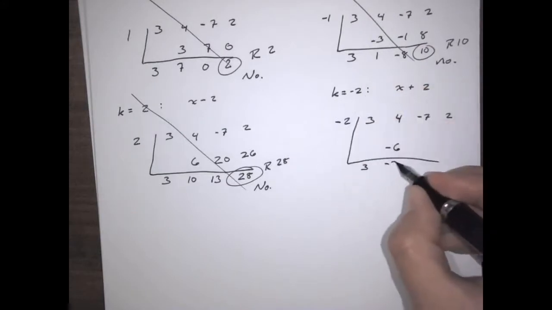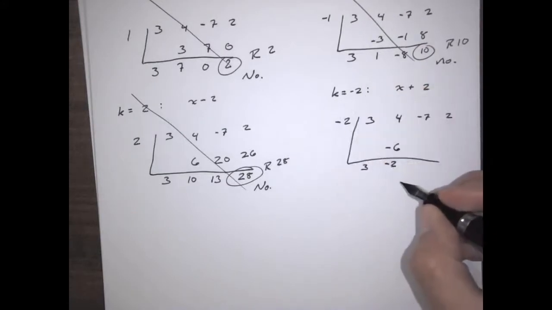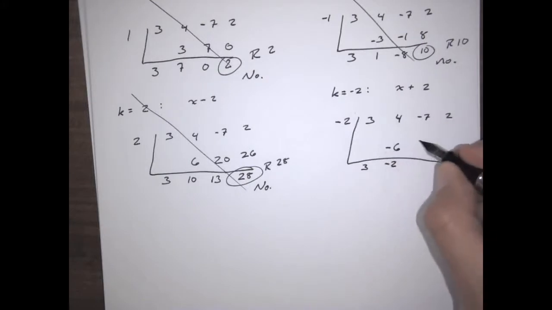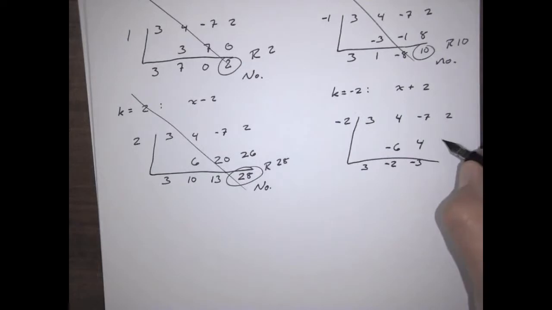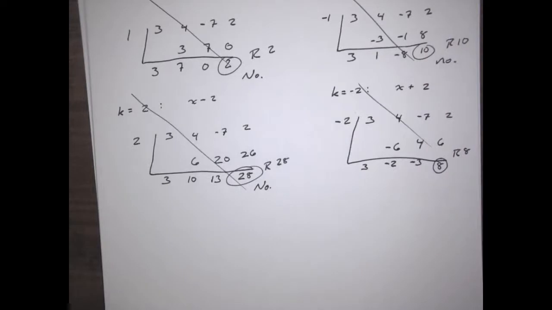Then we add, and that makes a -2. Then we multiply, that makes a +4. Then we add, that makes a -3. Then we multiply, and that makes a 6. And we add, that makes an 8. And it looks bad again. Remainder of 8. Okay, so we tried these ones first because they were the easiest. Unfortunately, they didn't pan out. Oh well, these things happen.